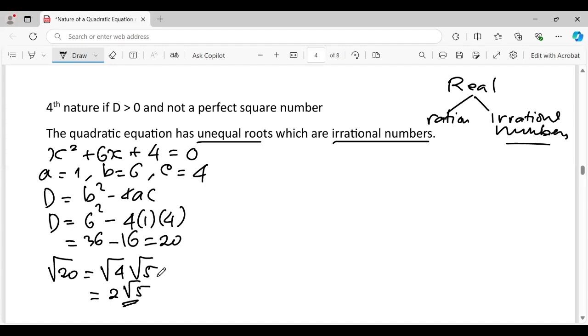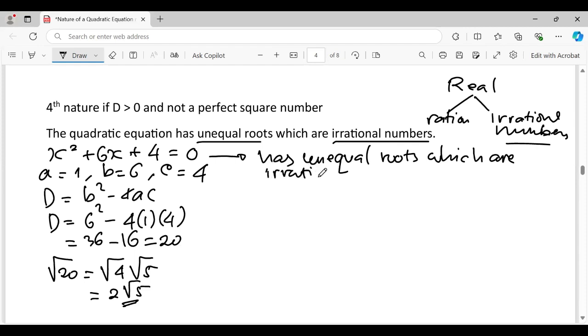If the condition is like this, we can state that this quadratic equation has unequal roots, which are irrational numbers.